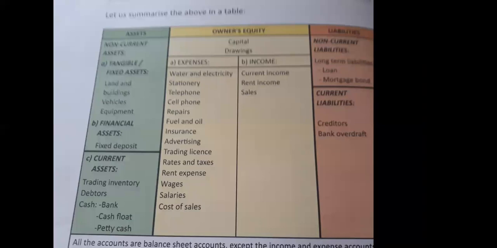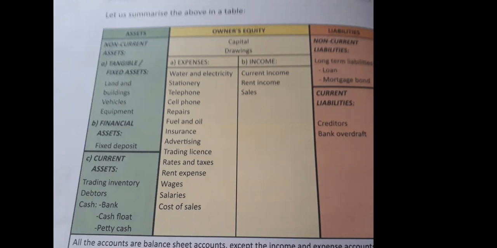But of course, you get different kinds of assets. Now, for instance, the first one there is tangible or fixed assets, and the examples you need to know there are land and buildings, vehicles, and equipment. Those three are fixed assets. Again, think of a vehicle: you can see it, you can touch it, it is an asset.